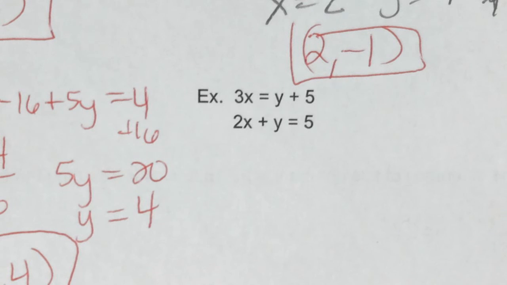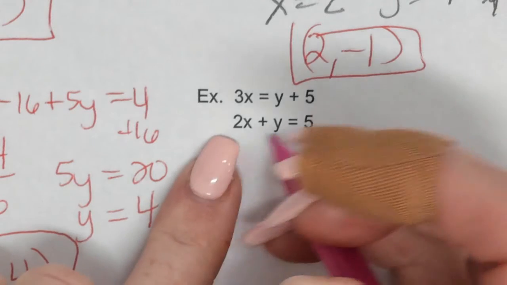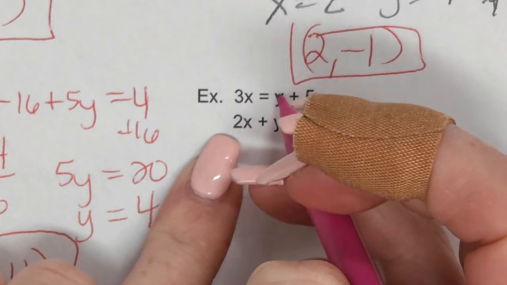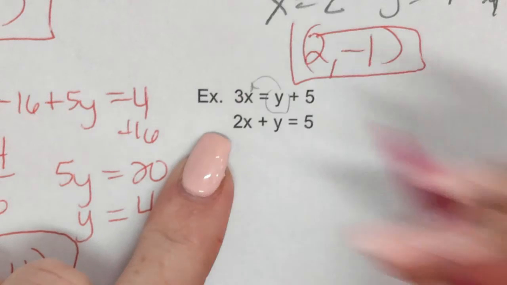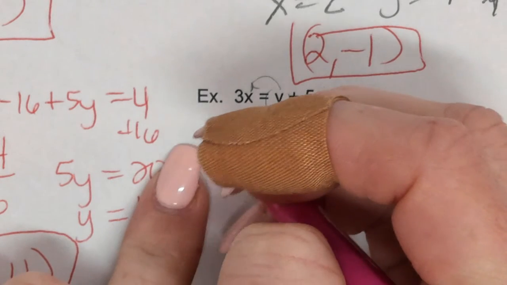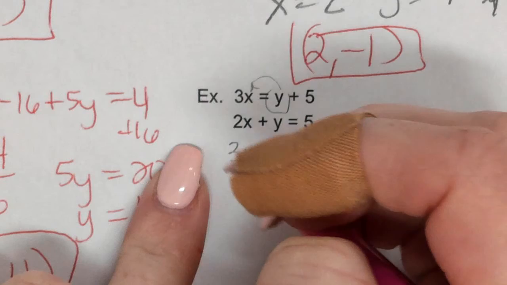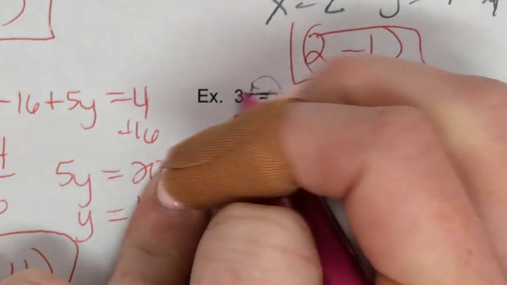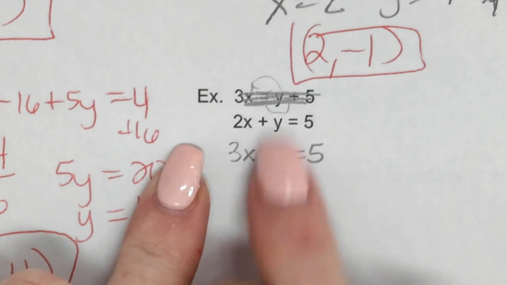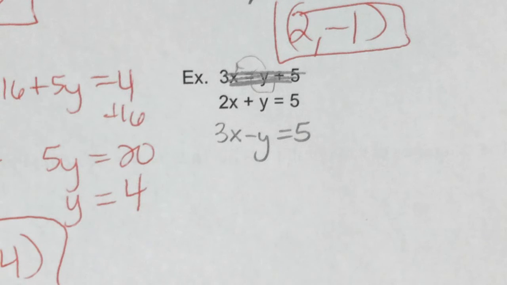You have to do what? You have to rearrange one of the equations to be in standard form. Which one's not in correct standard form? The top one. So if I was you, I would just leave this one written. How would I pull this y over there? So I would rewrite it 3x minus y equals 5. Then just scratch that out, and now you have your 2 equations to use. They have to be lined up great for you to do it.